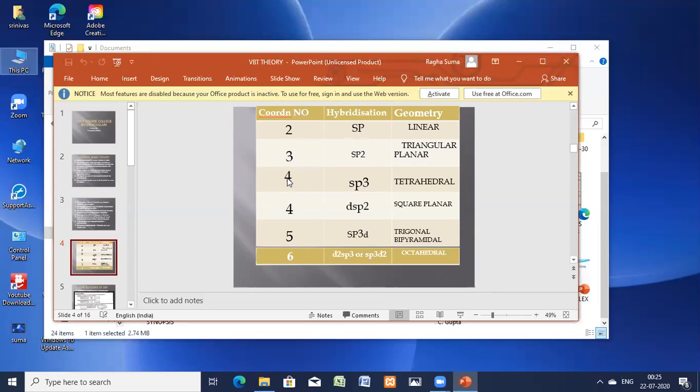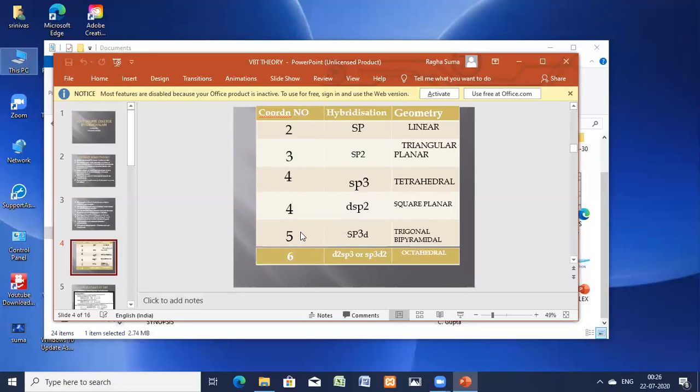Coming to coordination number 4, ML4: 4 ligands, 1 s and 3 p, so the shape will be tetrahedral. Again, sometimes with coordination number 4, you can get dsp2 hybridization, 1, 2, 3, 4. With dsp2 hybridization, the shape can be square planar.